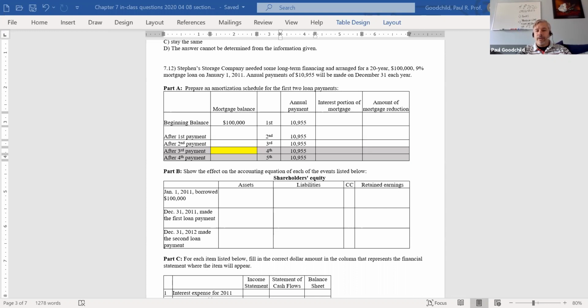Okay, some of the answers are starting to come through. I got one that's on the money and one was close. And then I think, Isabella, yours is a question. Yeah, I'm looking for what's going to be the mortgage balance after the third payment. So you have the first, second, and third. Good job, Emma. Good job, Adam.